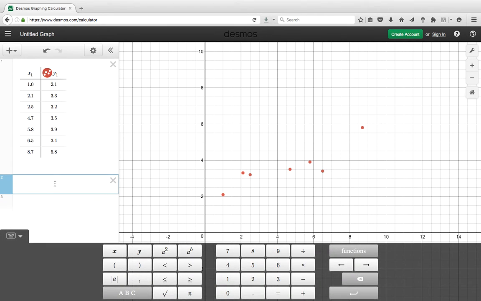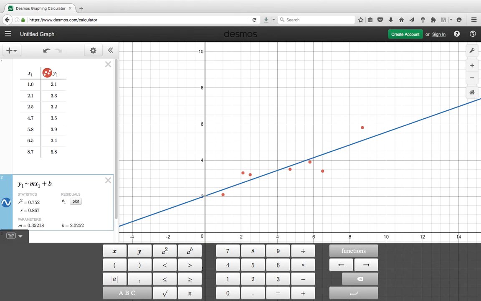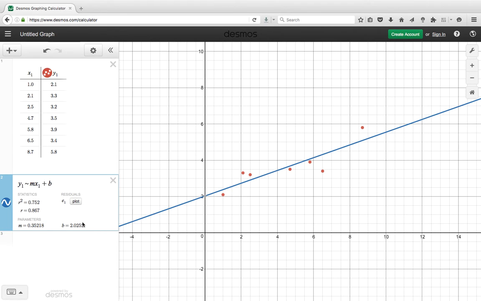The way in Desmos that you can type in a linear regression is to say y1 approximates to mx1 plus b. And it will calculate for you, and you can do this with a graphing calculator just as well, what the values are. So that's 0.35218, 35,218 hundred thousandths.